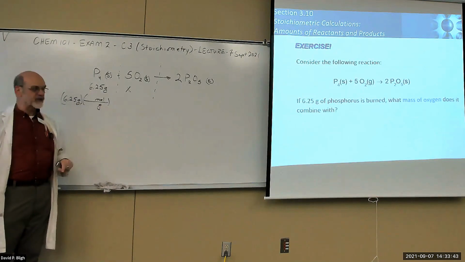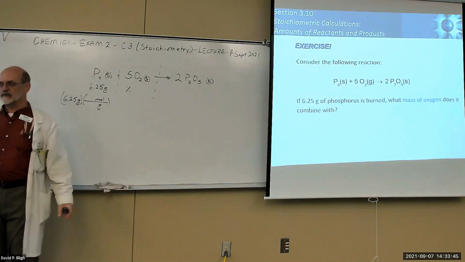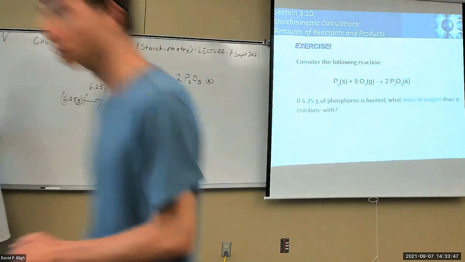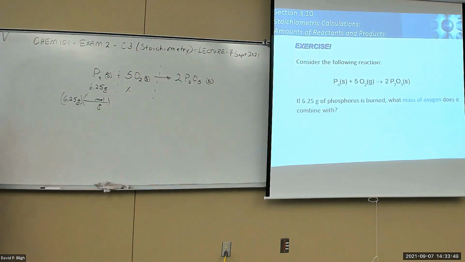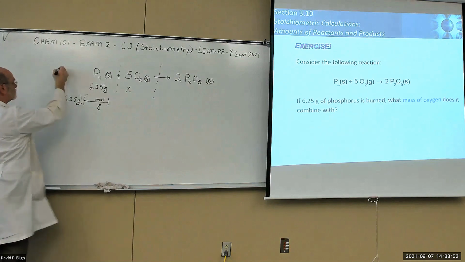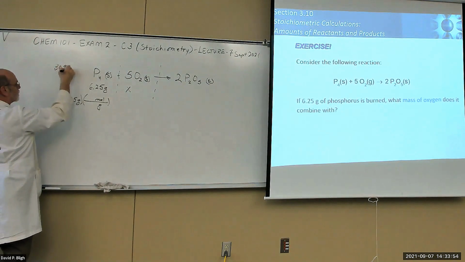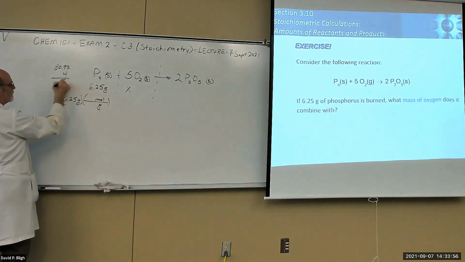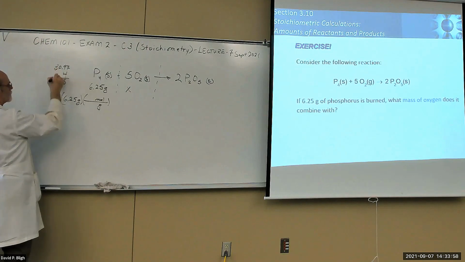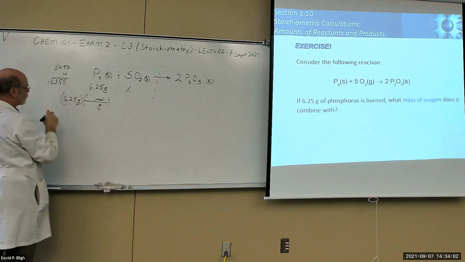What's the molar mass of P4? Well, it's just 4 phosphorus. So you look on your chart, phosphorus is 30.97 times 4 of them, right? 123.88.